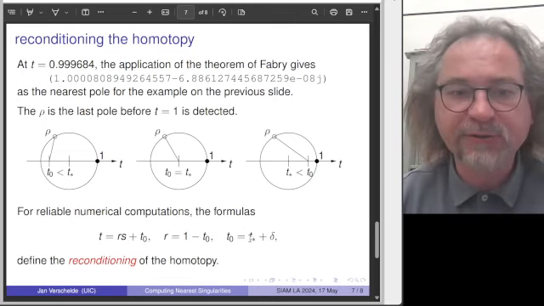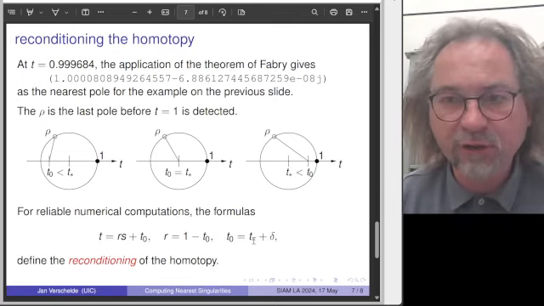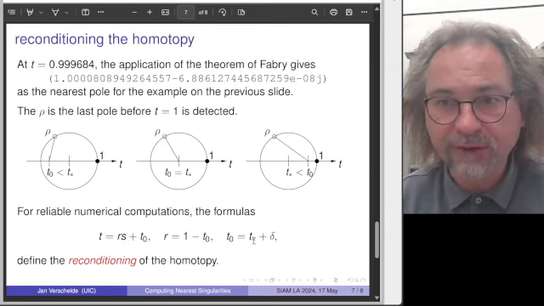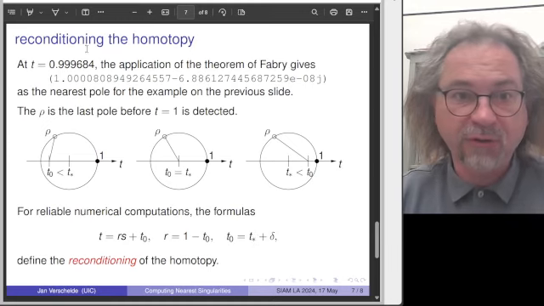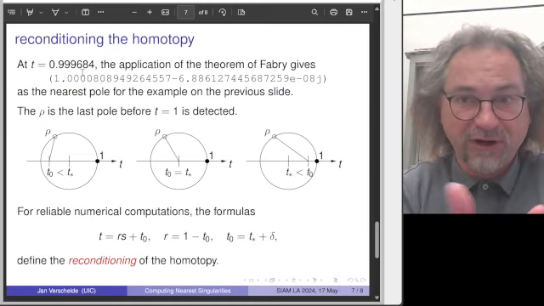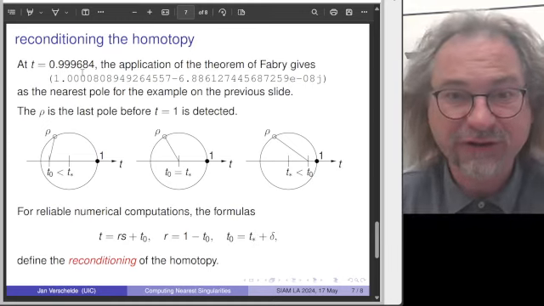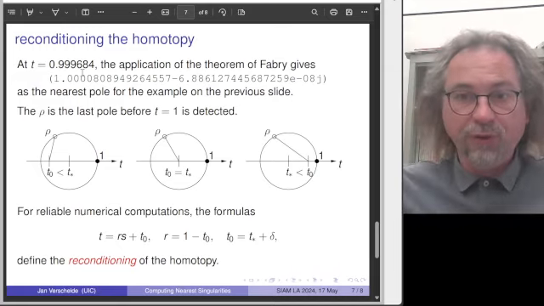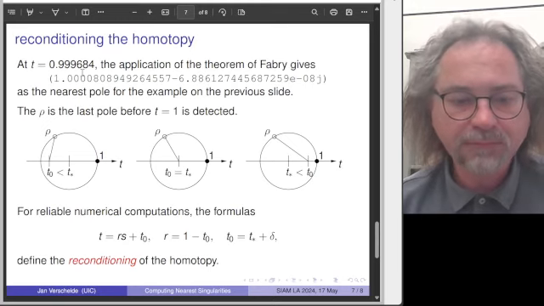This is what this reconditioning does here. If you do not do this, you are very close. So 10 to the power minus 4 is the radius of convergence here, and that is way too small. You're going to have huge numbers showing up.